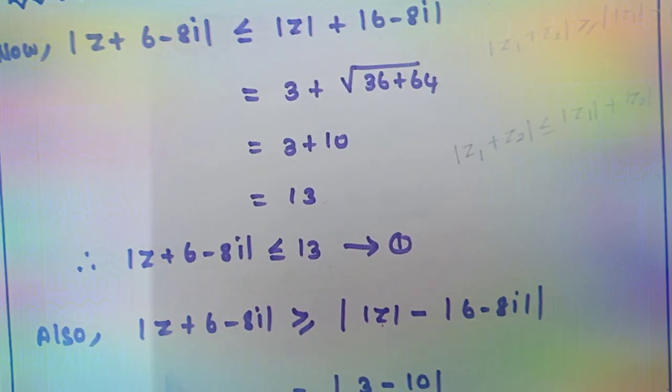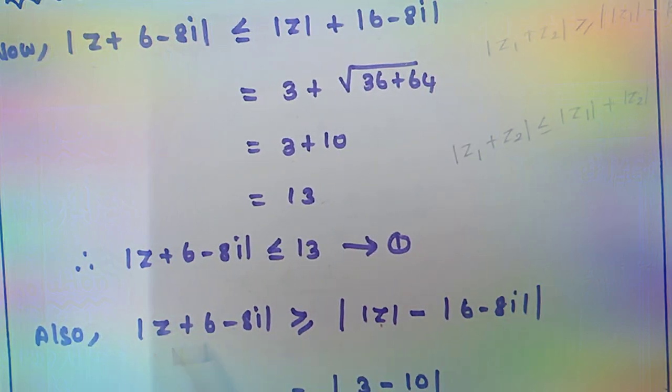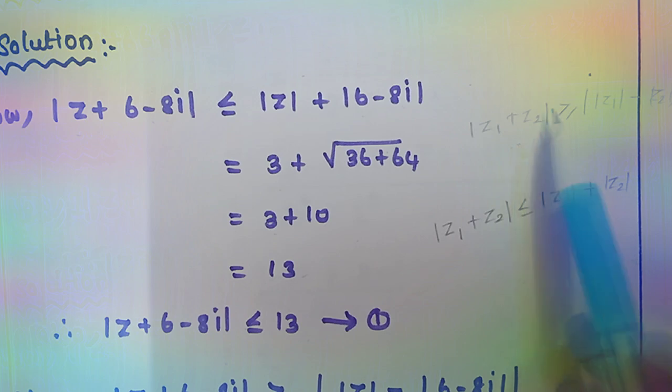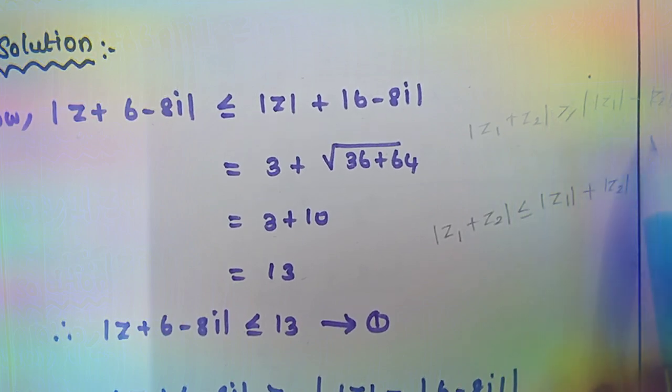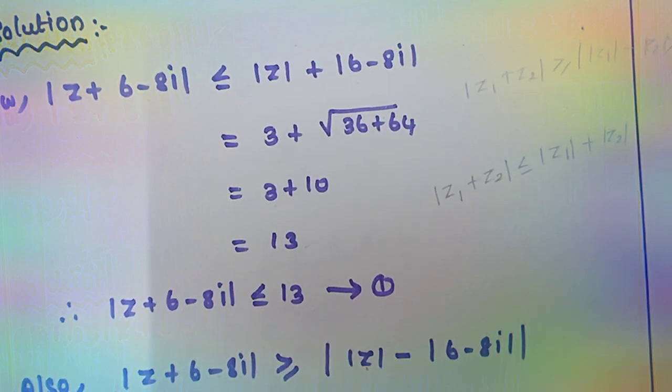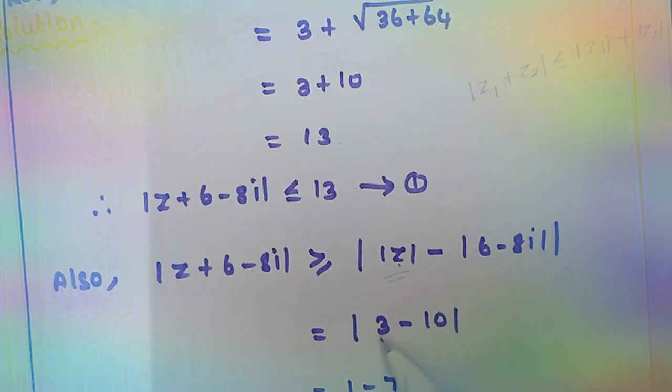Next, modulus of z plus 6 minus 8i, which is greater than or equal to, means we have to use this property: greater than or equal to modulus of mod z1 minus mod z2. Then modulus of z, here we use 3.